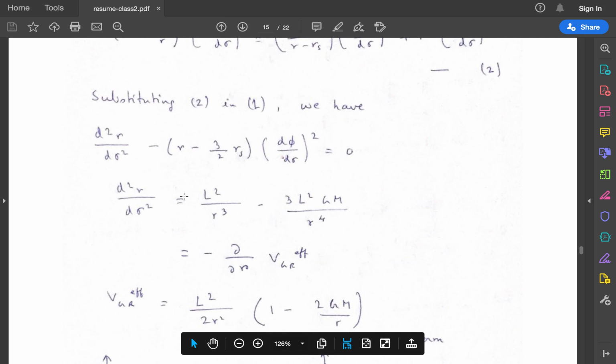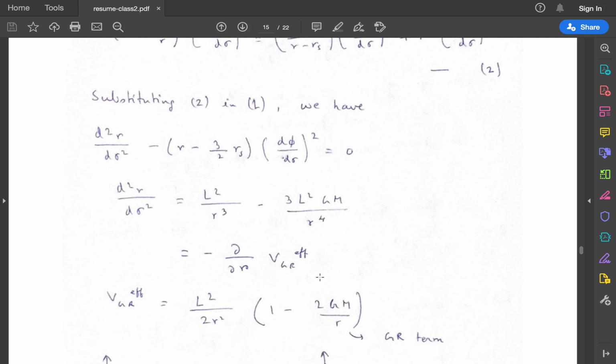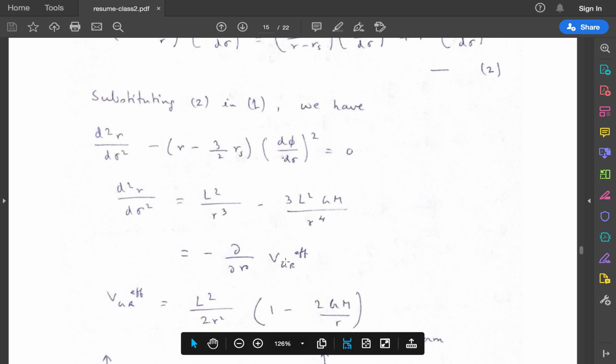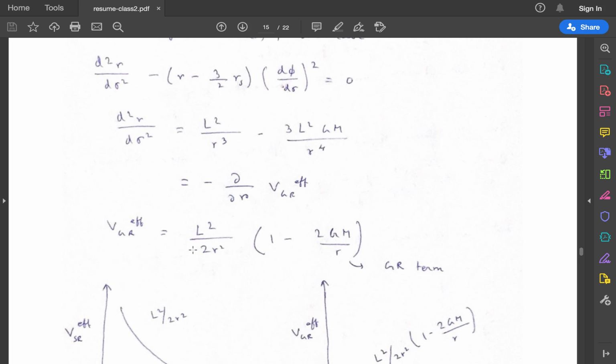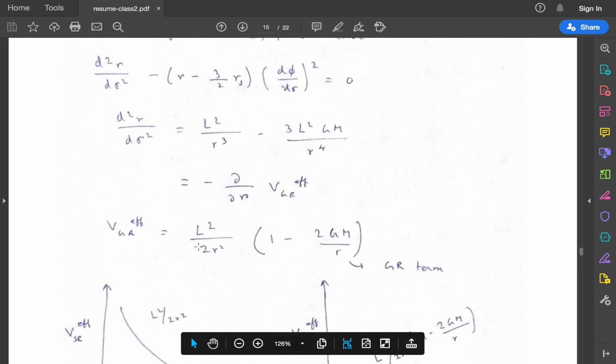I can write these two terms in terms of the partial derivative del by del r of a potential. Let us call this V GR effective. This is the effective potential of GR. You know the effective potential of Newtonian, which is also very well known to you. However, this is the effective potential of GR, and this term is the Newtonian term. Remember, this is the special relativistic term.